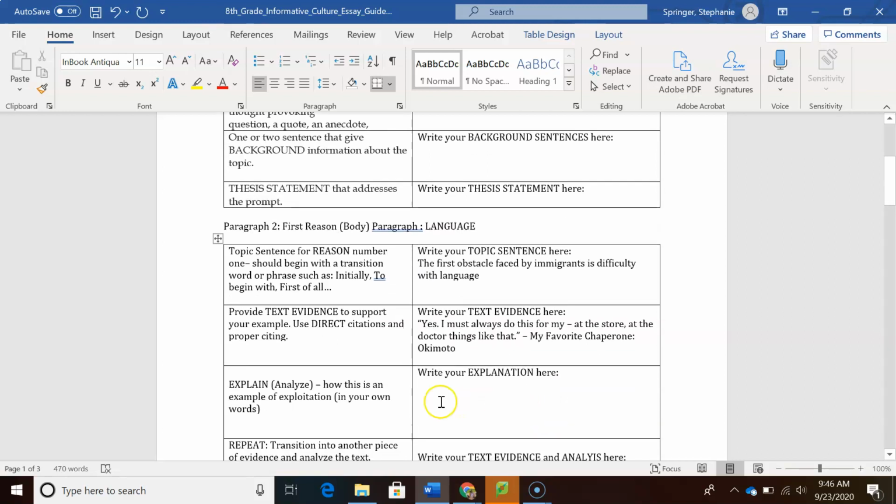When we write our explanation, we don't simply want to put, this shows how there is a language issue. We know that already.